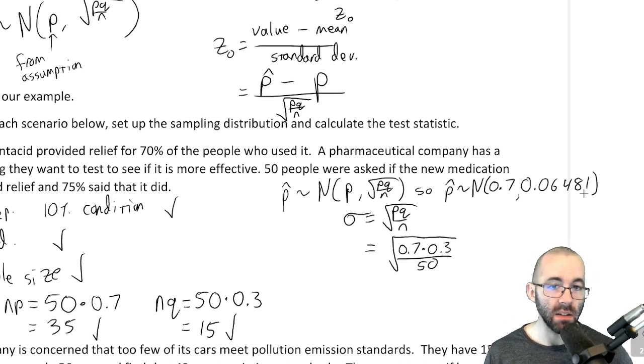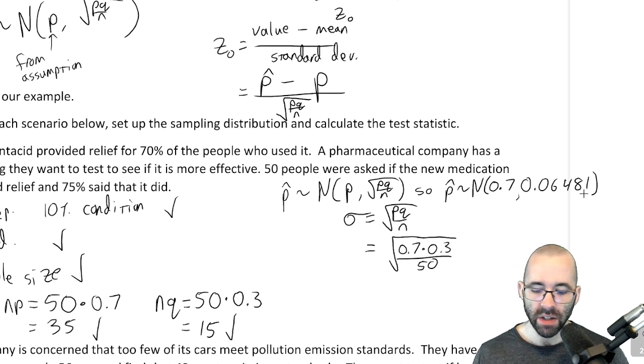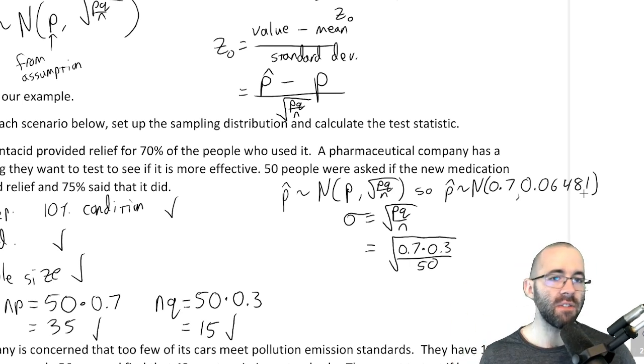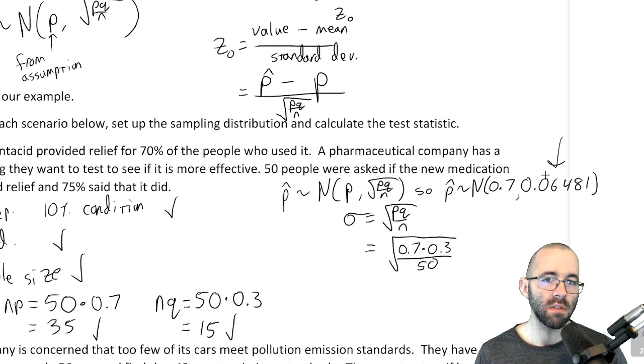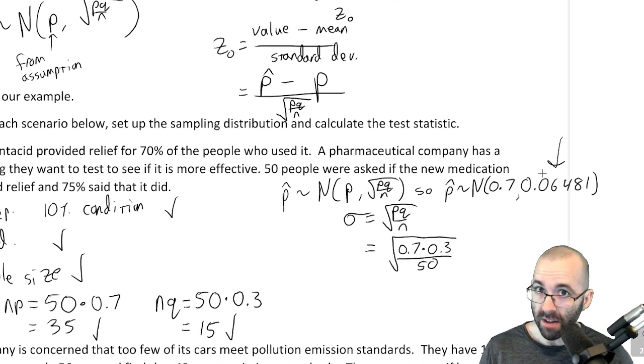So assuming the null hypothesis is true, assuming that there's no difference between the old medication and the new medication, we would expect that every time we took this sample of 50 people, we'd see 70% relief. And that'll vary by about 6.5% on average. 68% of the time, using the empirical rule, we'd expect our sample to be between 63.5% and 76.5%.